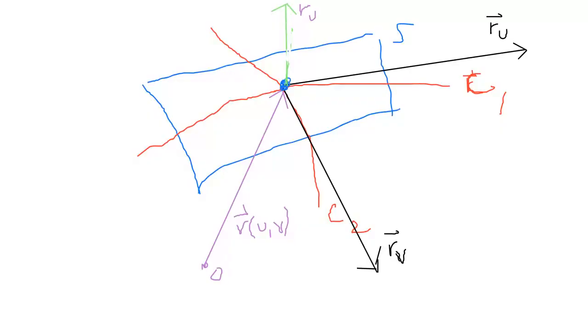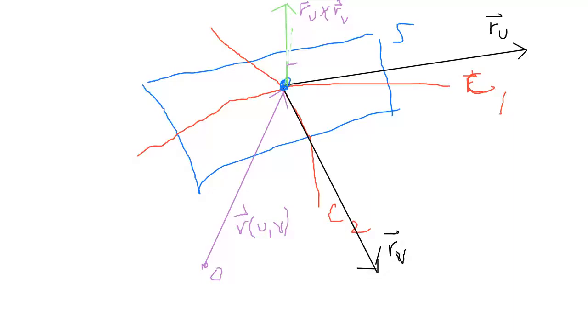That normal vector there in green is going to be the cross product of your tangent vectors. It's going to be the cross product.